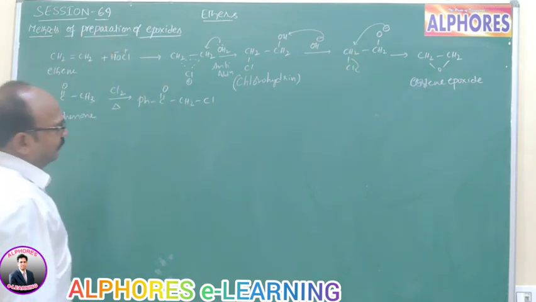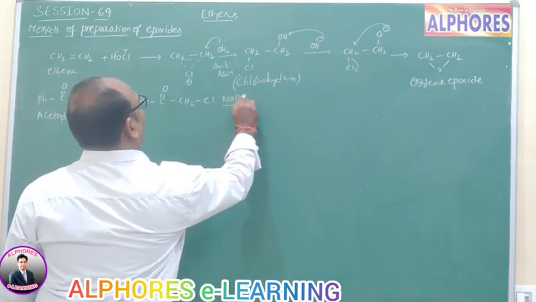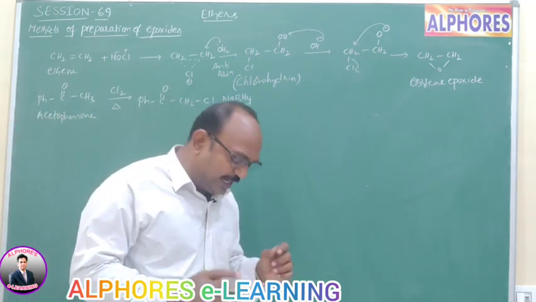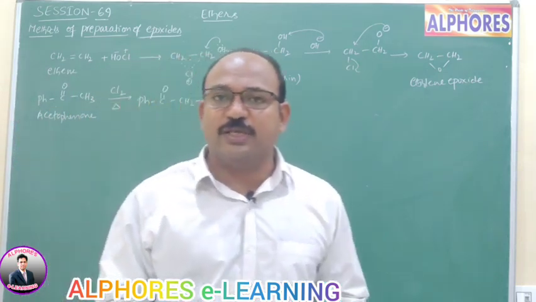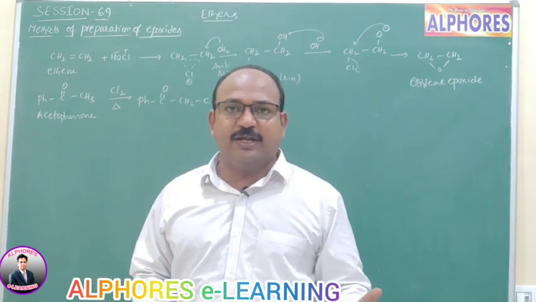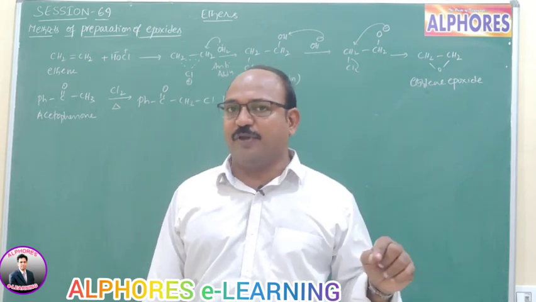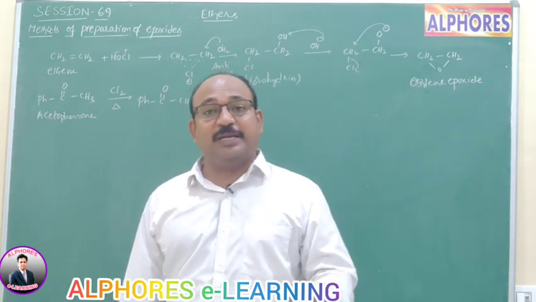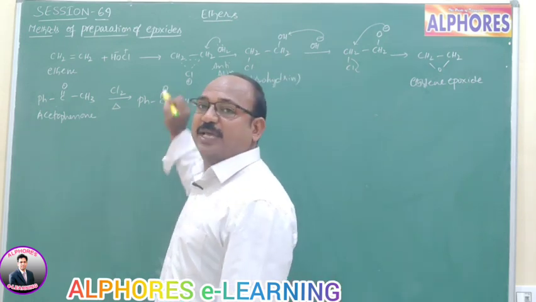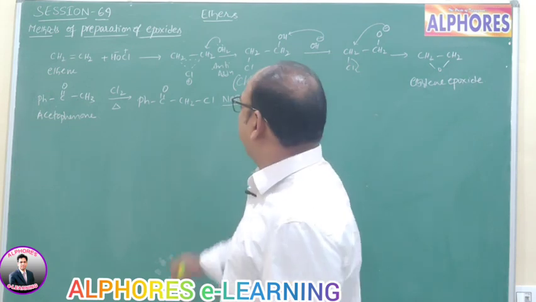This chloromethyl phenyl ketone upon reaction with sodium borohydride. As we know, sodium borohydride is a strong reducing agent, but it does not reduce carboxylic acids and their derivatives. In the carboxylic acid derivative family it reduces only acyl halides, but it can reduce carbonyl compounds. So here the C double bond O group is a keto group, a carbonyl group.